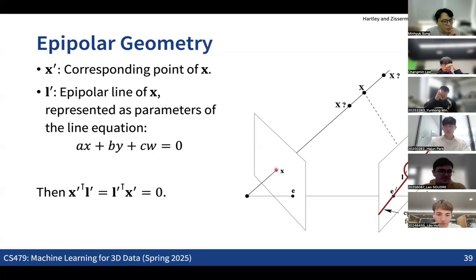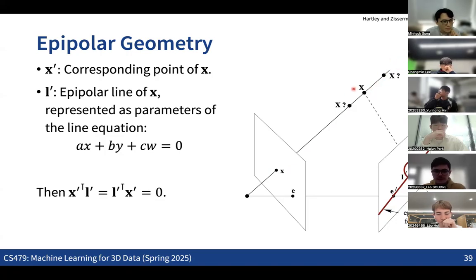So given the 2D point X here, there will be a 3D point on this ray which is projected into this point. Given the 2D point, we don't know exactly the position of the 3D point, because it can be any point over this ray, right? So when you shoot a ray from the origin of the camera through the point on the image, any point over this line can be the corresponding 3D point.